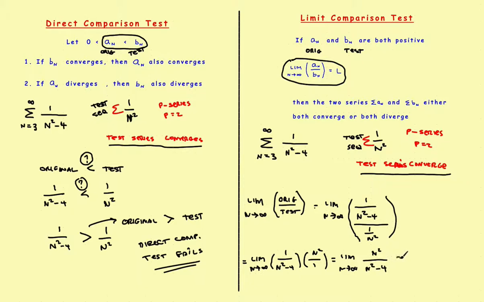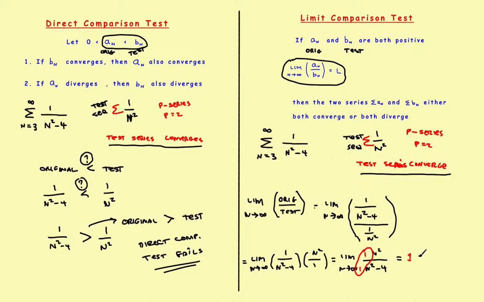Now, just a reminder, this is a rational function. You've got a polynomial on the top and a polynomial on the bottom. The power in the top is the same as the power in the bottom, so the limit is just the ratio of the leading coefficients. So it'll be 1 over 1, or 1.